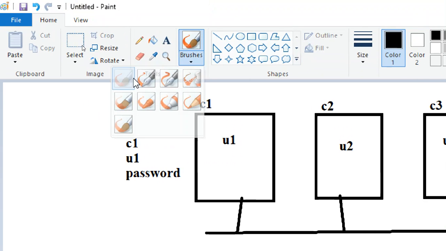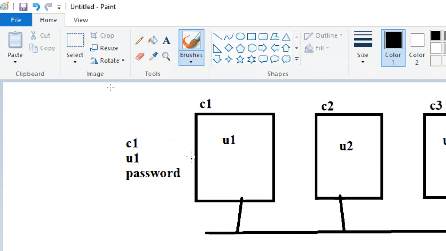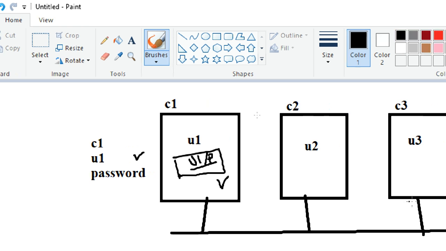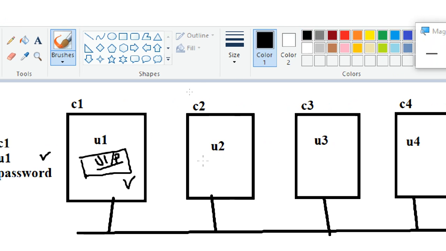C1 only, right? Inside C1, the user information and the password information are stored in this system only. So when user one tries to log in, the username and password will be verified by this PC only.